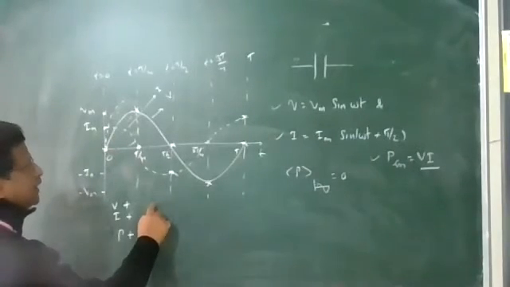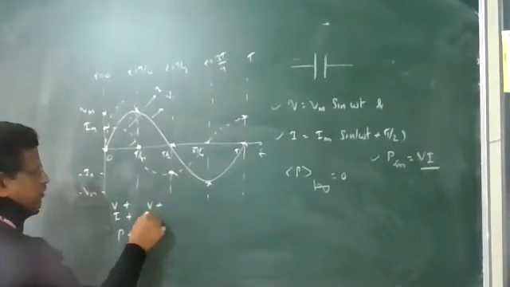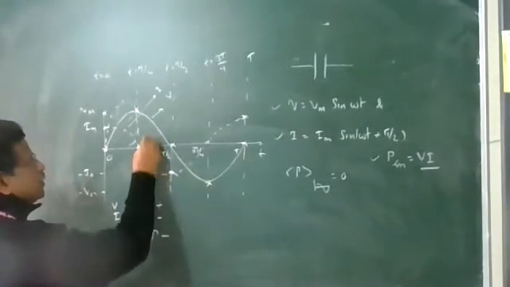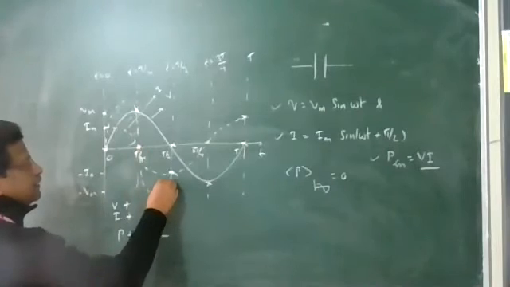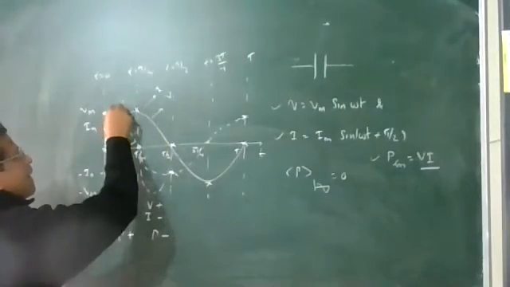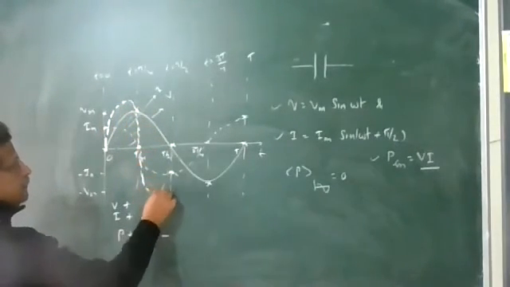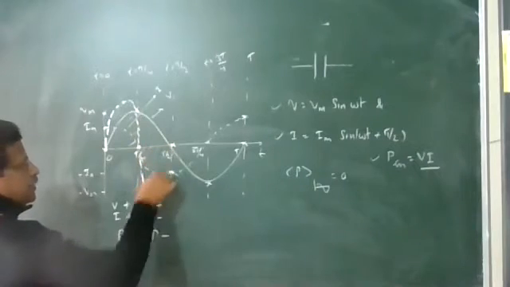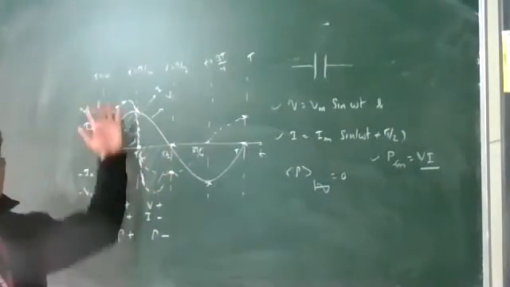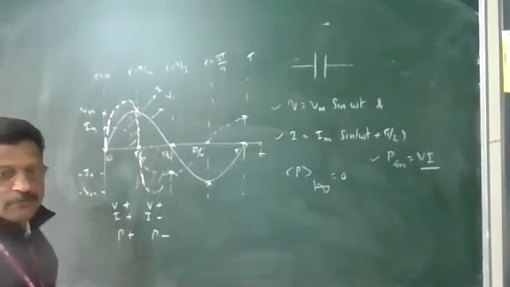And you can see that in the next interval voltage is positive and current is coming to negative. Voltage is positive, current is negative, so P is negative. So it will be coming in this way. This variation is the variation of power in the region. So P is negative. So what happens is that it is charging and it can be discharged also.